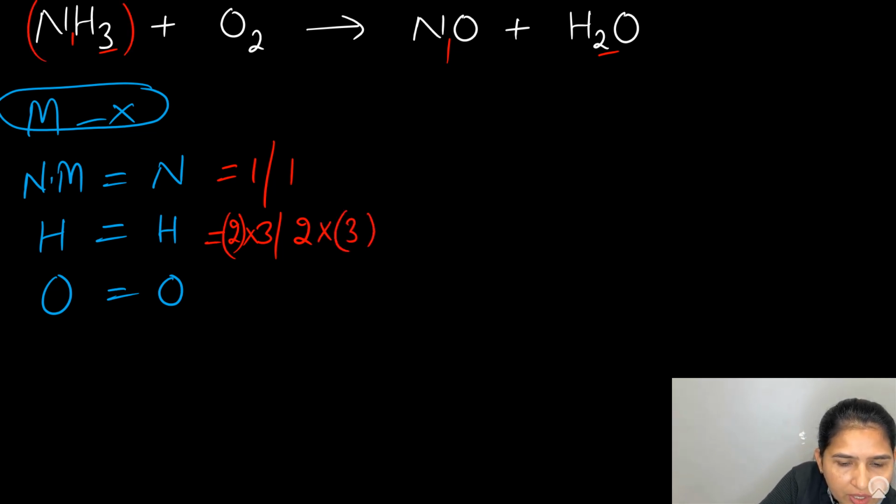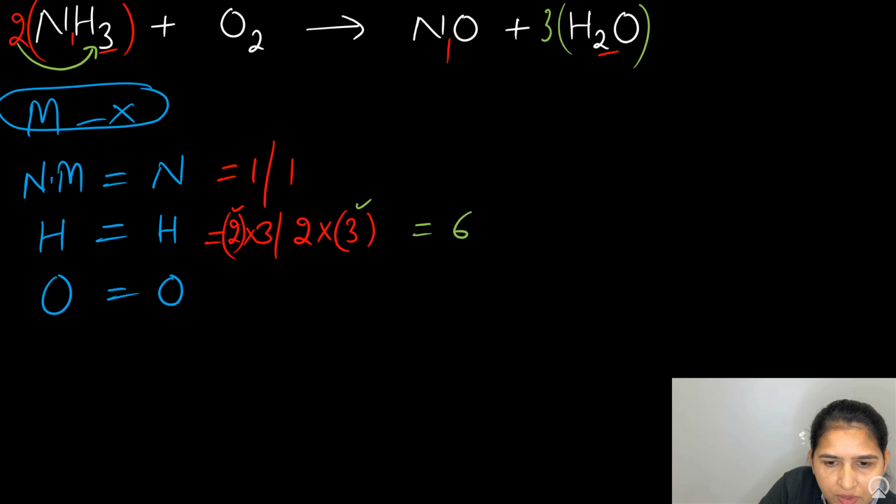Let me write down. Here I have to write 2. And here with water, it's going to be times 3. Now you can see you are having 6 hydrogen on left hand side and 6 hydrogen on right hand side.